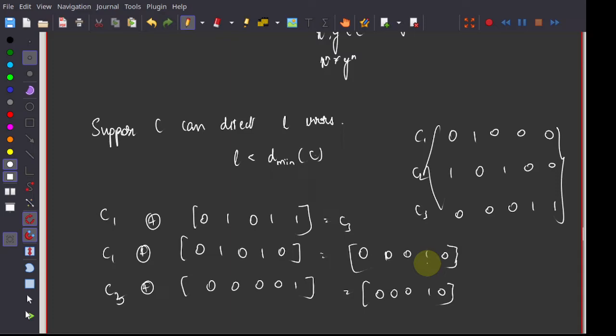It makes more sense to declare C3 rather than C1 because the Hamming distance is smaller. So therefore, there is some error pattern of weight 2 which cannot be corrected. You all agree? Okay. So now, can all error patterns of weight 1 be corrected?